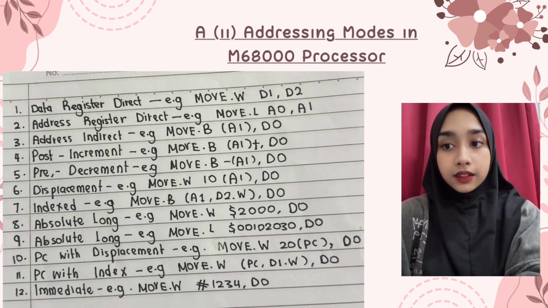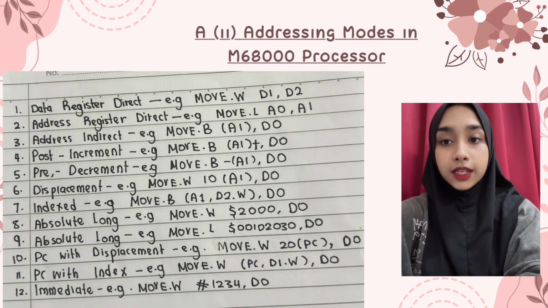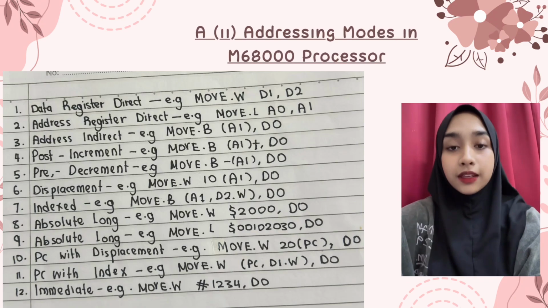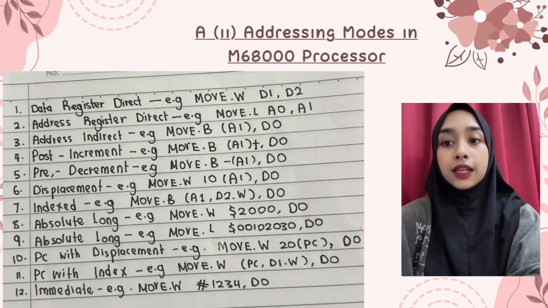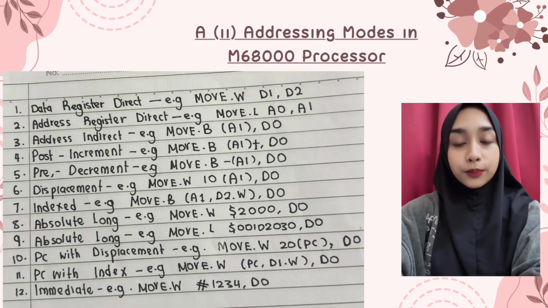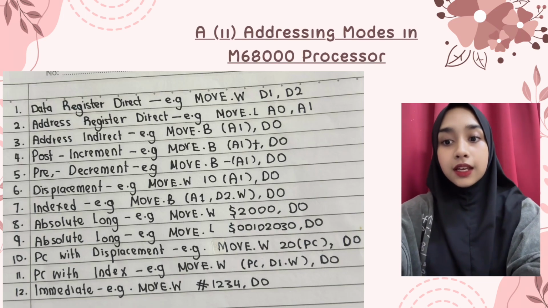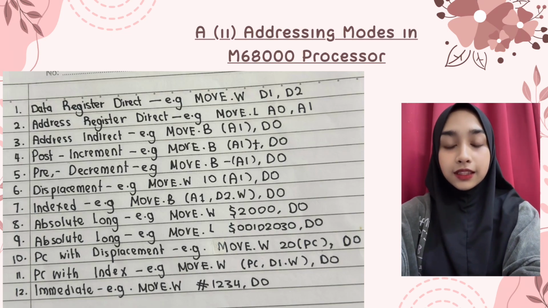After that, with displacement or index, where the CPU uses an offset or index to find the exact memory location. And lastly, immediate mode, where the value is written directly in the instruction, like #5. So in short, addressing modes give the processor flexibility in how it reads and processes data efficiently.